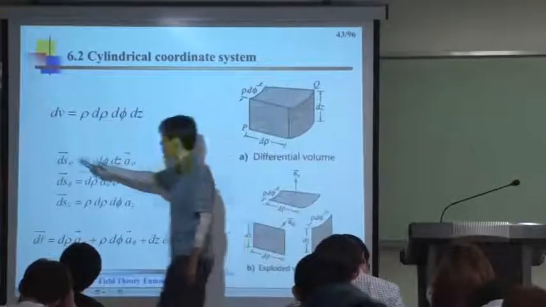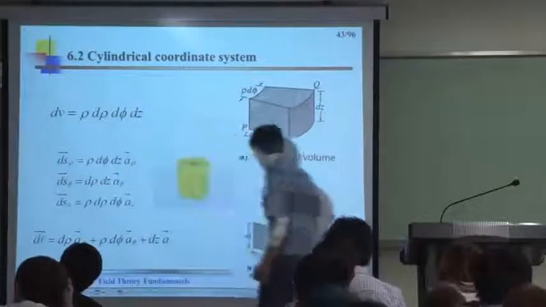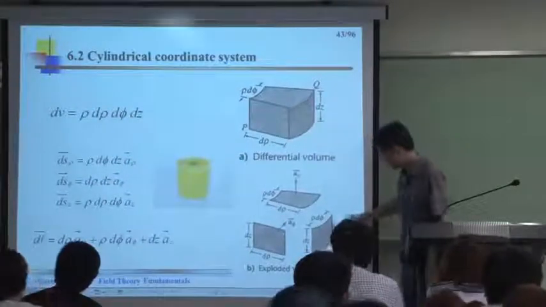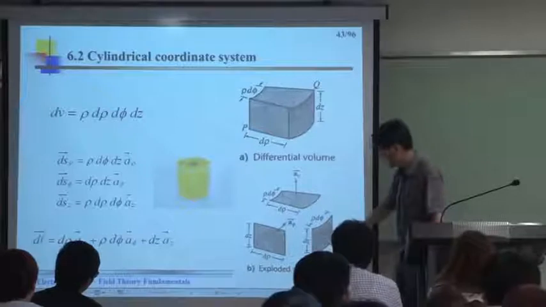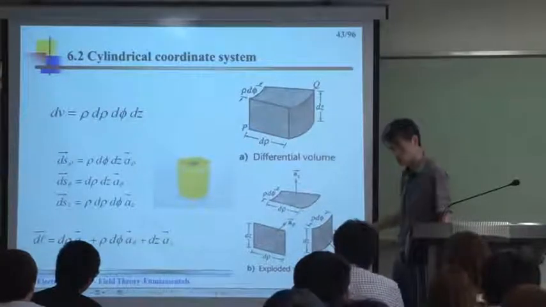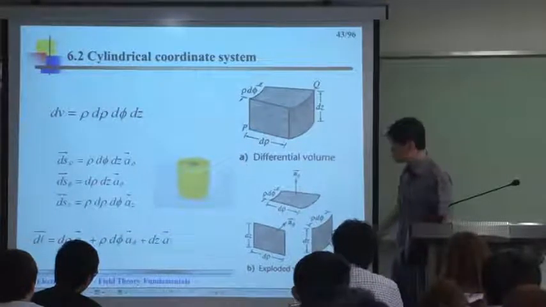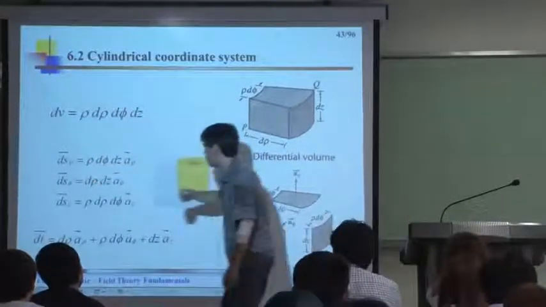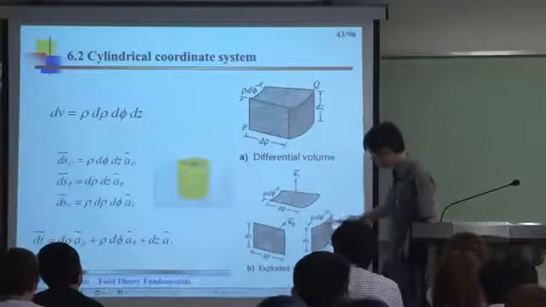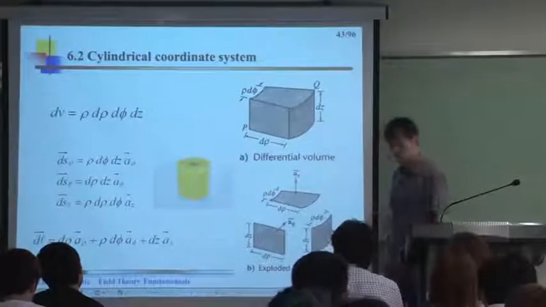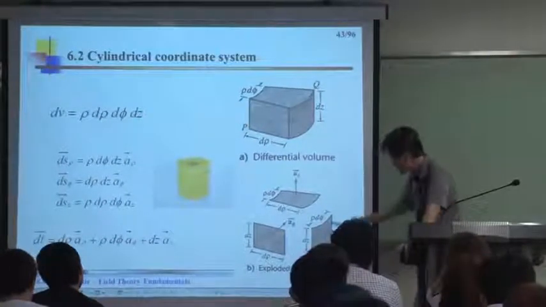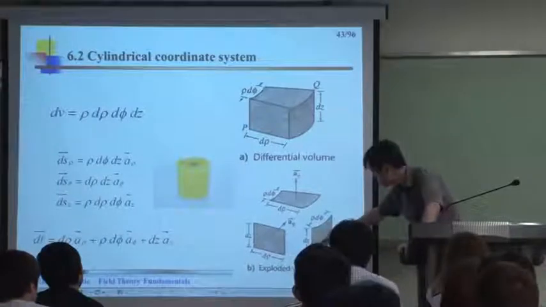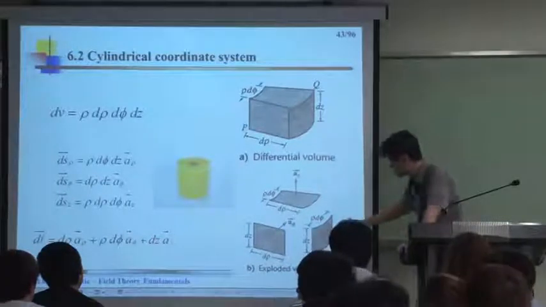So in the case of ds rho, representing this surface, this surface is normal to the a rho direction. So what is the surface area of this element?